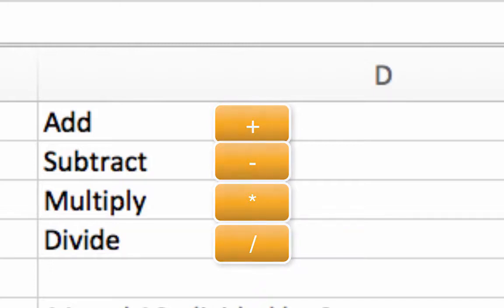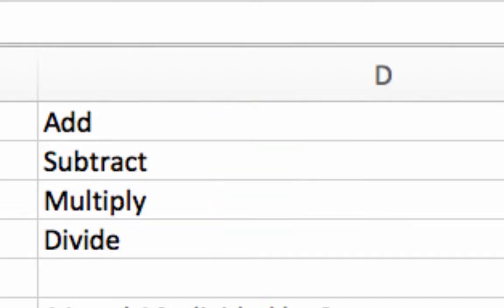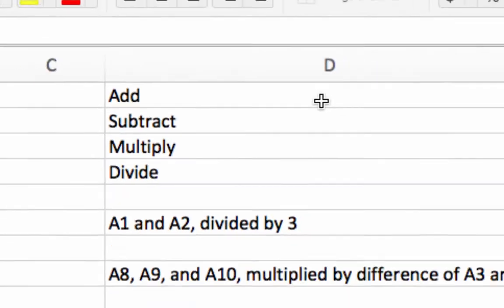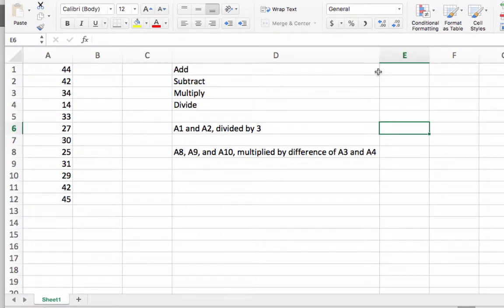Now what you want to do is, when you're entering formulas, you first start off with an equal sign. That's just the convention you do in Excel. So let's say here that I want to add something. I go here to cell E and I want to add 2 numbers.